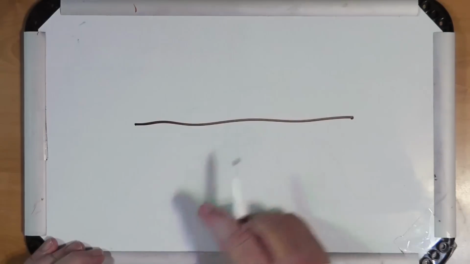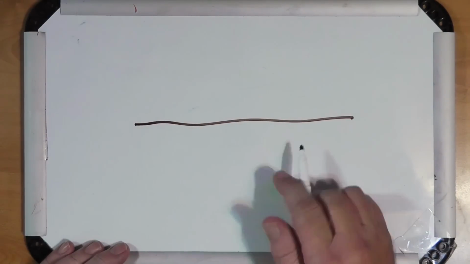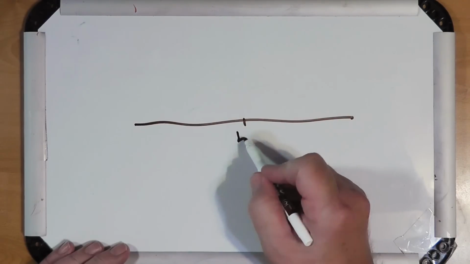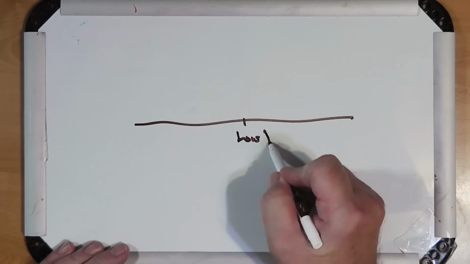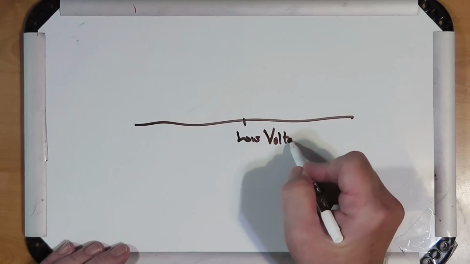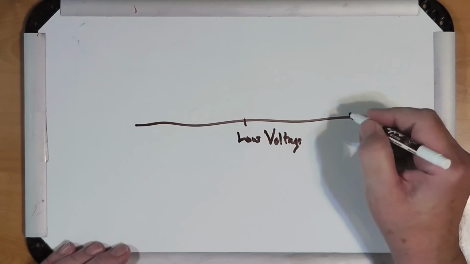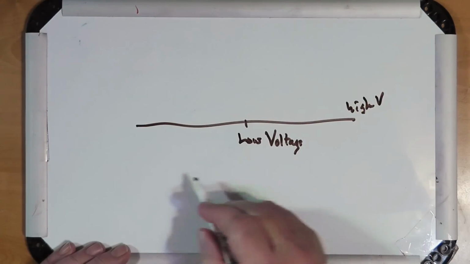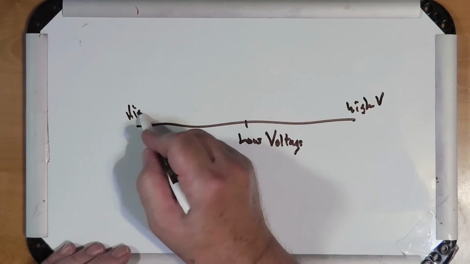You've got a dipole, okay, and in the center of the dipole, you have the low voltage. And at the ends, you have the high voltage. This is a resonant antenna, high voltage.